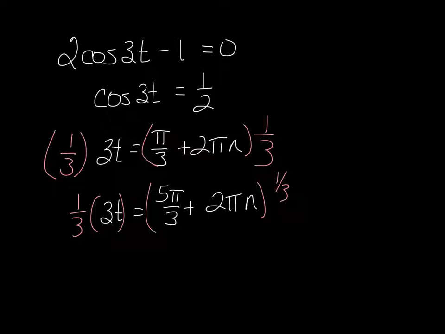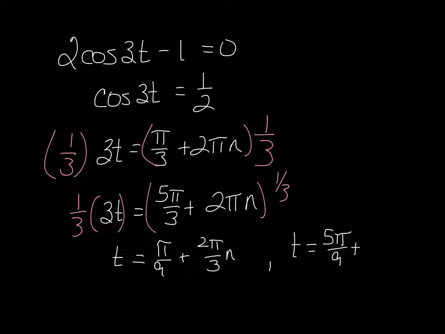Okay, so when we do that, we get, first of all, t equals pi over 9 plus 2 pi over 3n, and t equals 5 pi over 9 plus 2 pi over 3n.